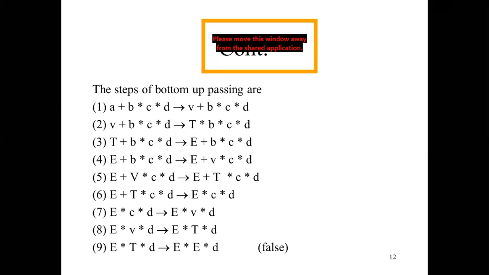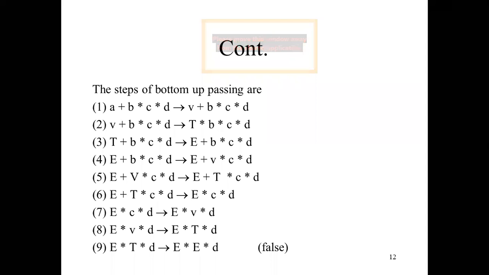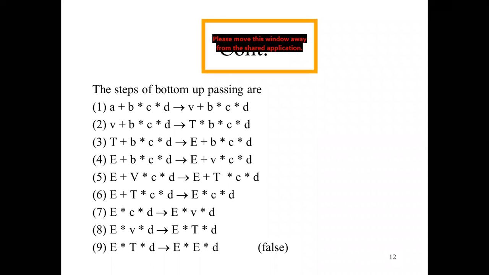So in shift reduce parsing or the bottom-up parsing method, you will start from the bottom side and proceed towards the root node, toward the parent node. Then if you are able to achieve the particular output, this is called unambiguous grammar.